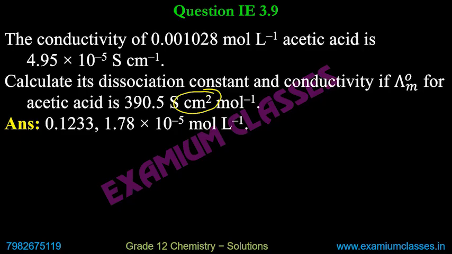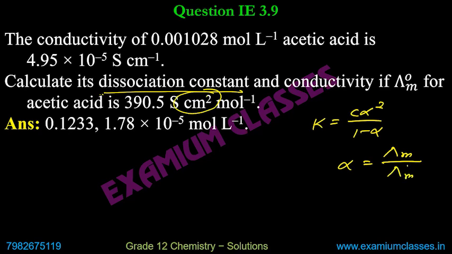For the dissociation constant K, C alpha square upon 1 minus alpha, we need alpha. And alpha is molar conductivity divided by limiting molar conductivity, so we need lambda m. And lambda m we get from kappa by C.